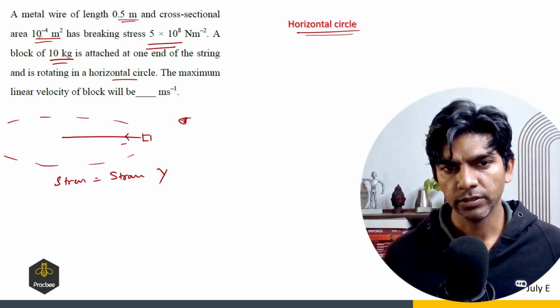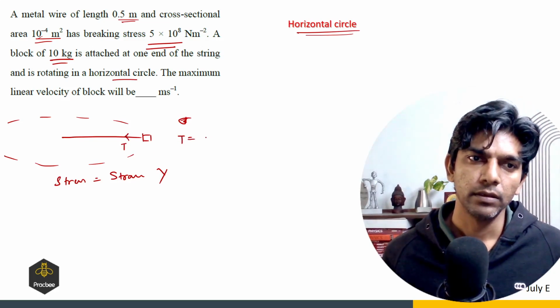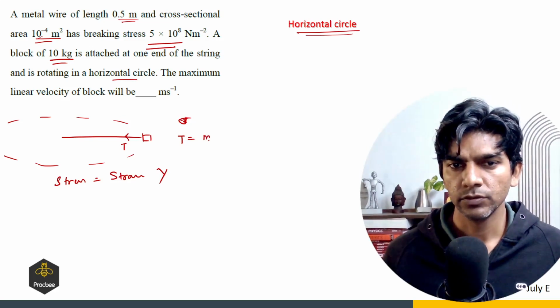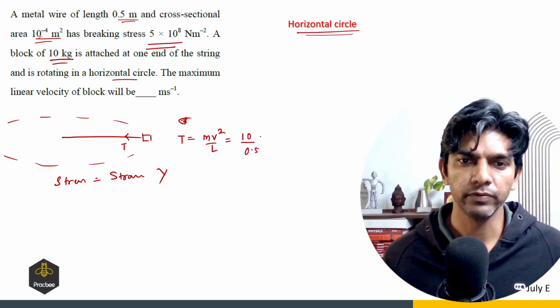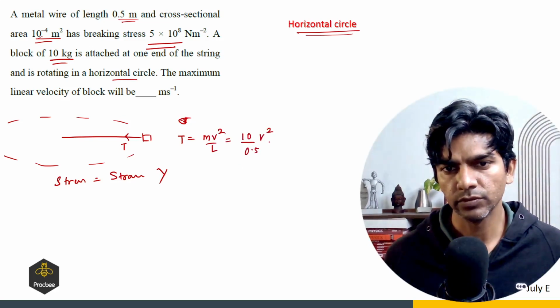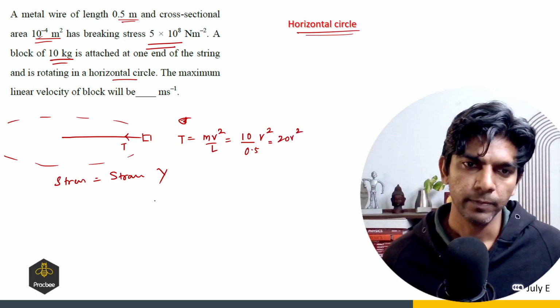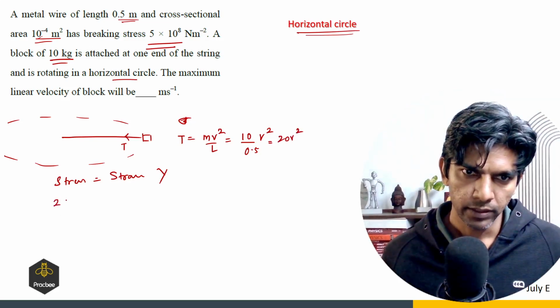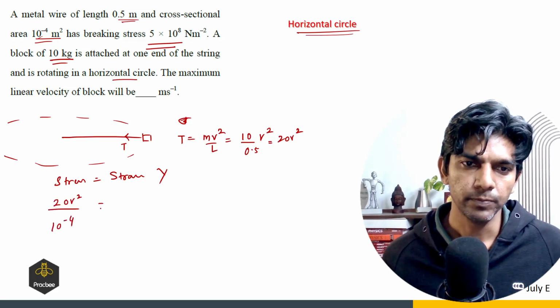The tension will be nothing but the centripetal force, mv square by r, so it will be m v square by l. M is given as 10, length is given as 0.5. That comes out to be 20 v square. So tension will be 20 v square. So stress will be 20 v square upon the area of cross section, which is 10 raised to minus 4.